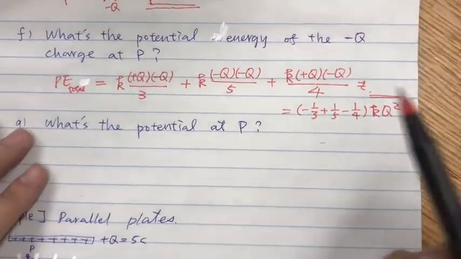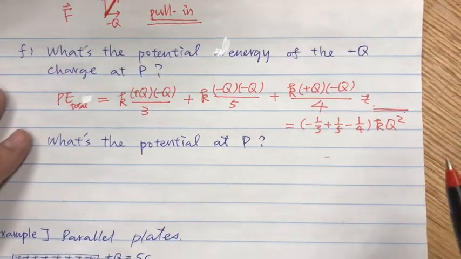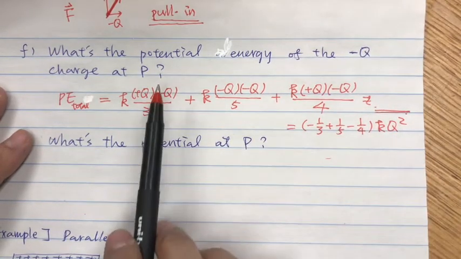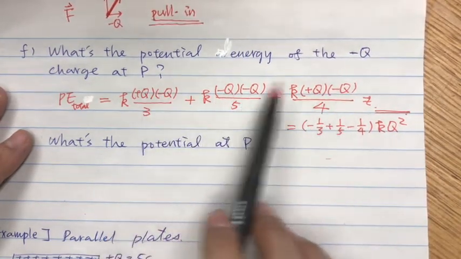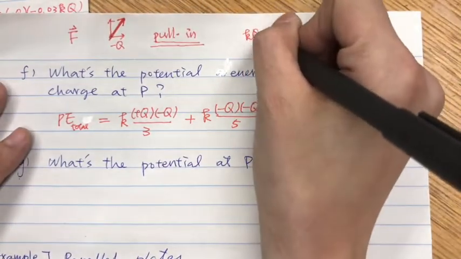However, I don't need to do so for potential, because it's not a vector, so I don't need to care about the direction. I can just add them up. So when I add them up, whether it's positive or negative becomes very important.